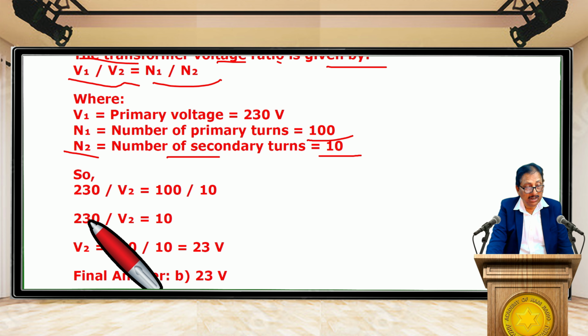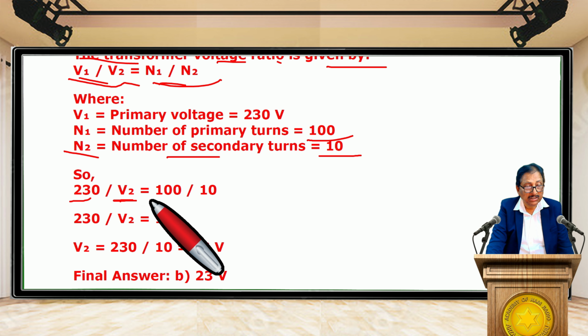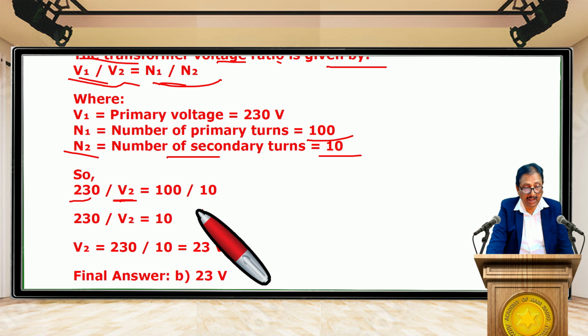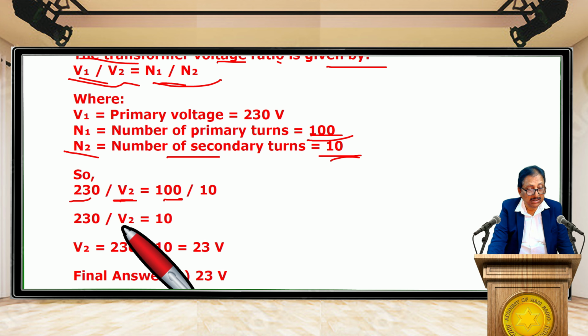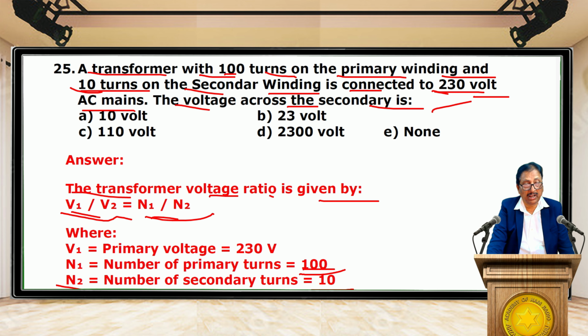Substituting these values, 230 by V2 is equal to 100 by 10, so 230 by V2 is equal to 10. So V2 is equal to 230 by 10, 23 volts. The correct option is 23 volts.